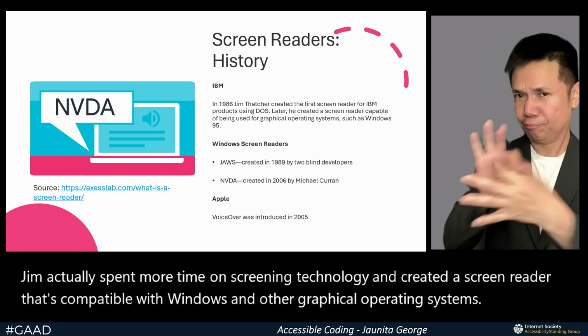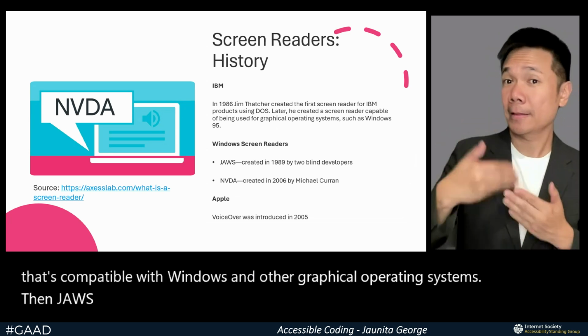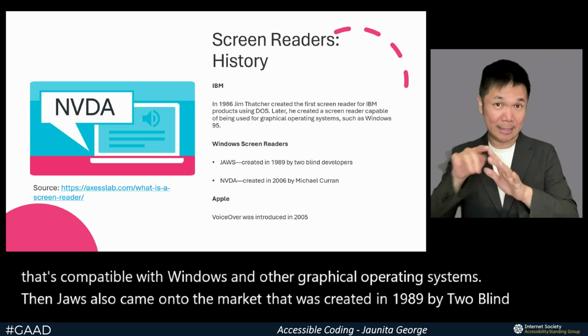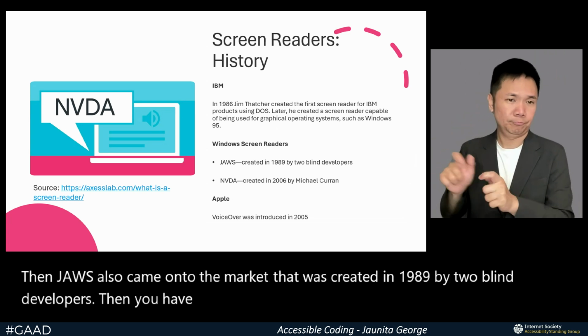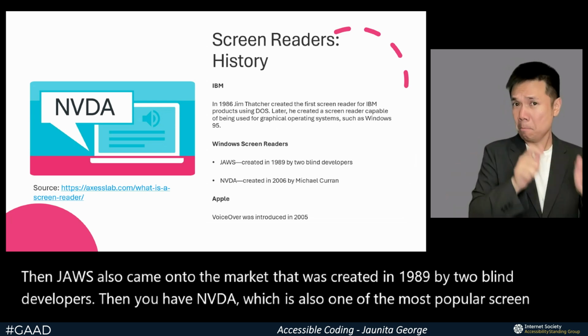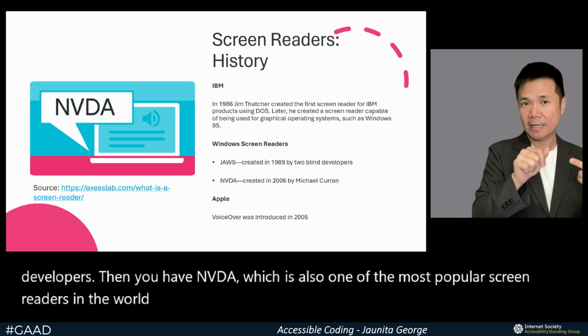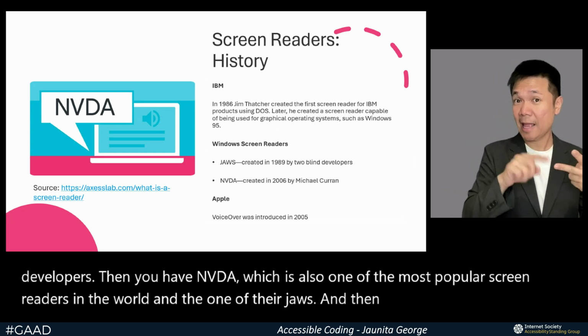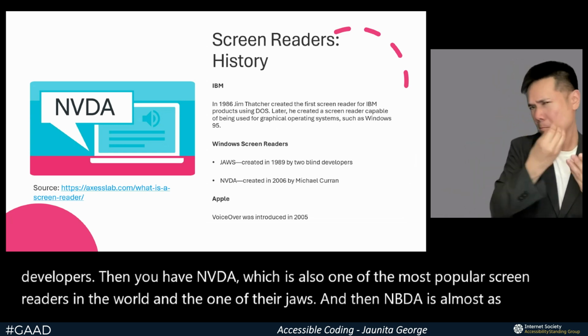Then JAWS also came onto the market. That was created in 1989 by two blind developers. Then you have NVDA, which is also one of the most popular screen readers in the world. There's JAWS, and then NVDA is almost as popular, and it's the only free one.